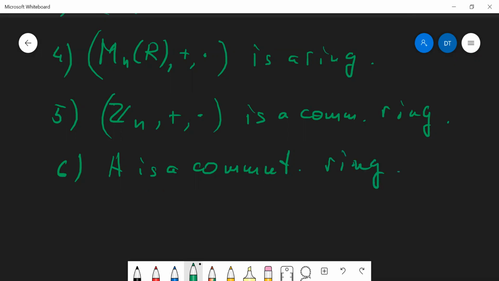you may define a polynomial ring with coefficients in A. It's denoted by A[x], and it consists of all polynomials.